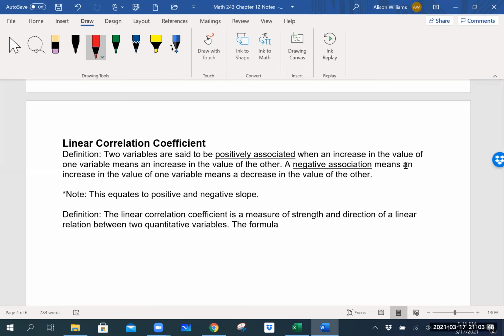Now, you might remember earlier when I showed you the formula for the least squares regression line, the formula for R is so much worse. Yikes. Okay, here we go.